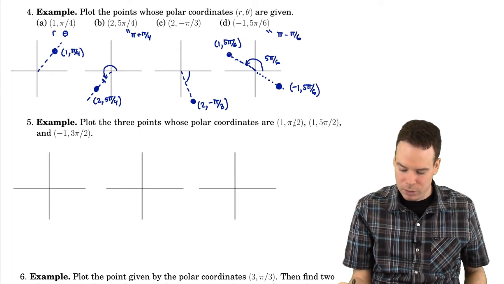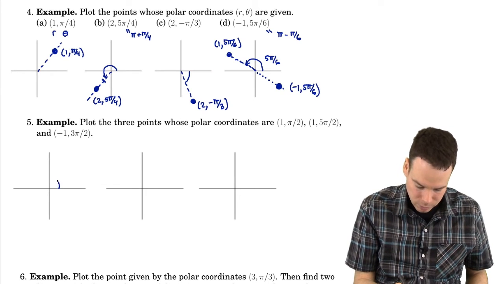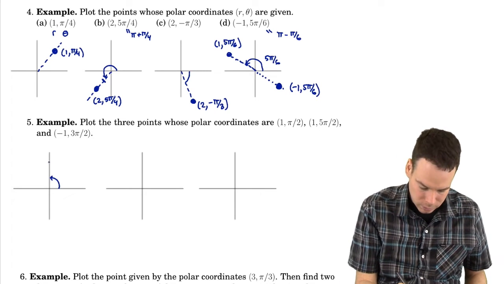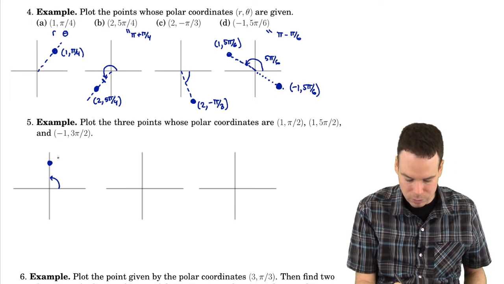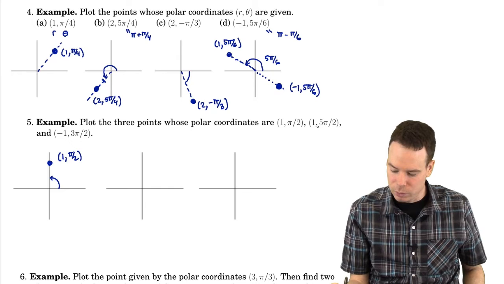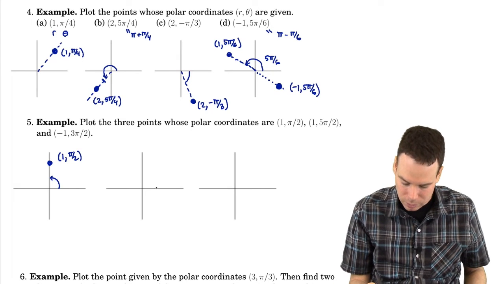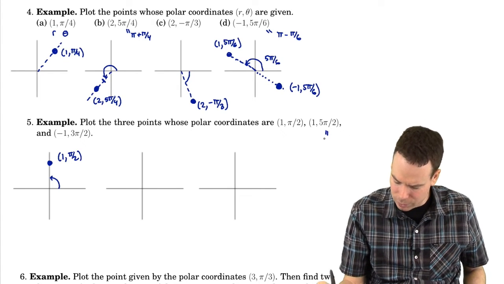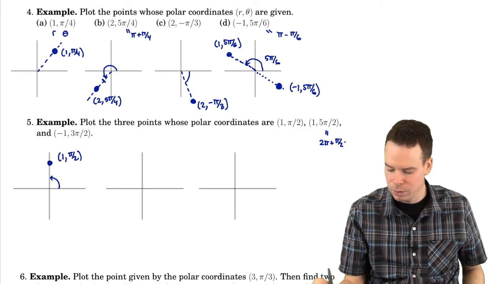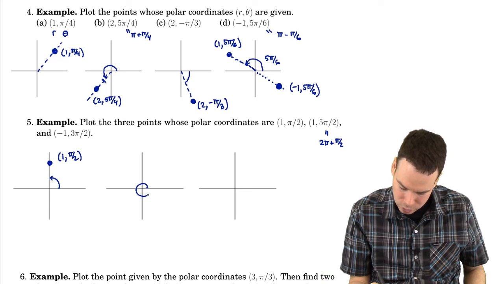So let's look at a few more examples and plot these points. (1, π/2). So π/2, we're at a right angle there. We're 1 unit along, so here we're up here somewhere. So there's (1, π/2). What about the next one? (1, 5π/2). 5π/2, what's that? That's 2π plus π/2. So that's a full revolution, 2π, plus another π/2.